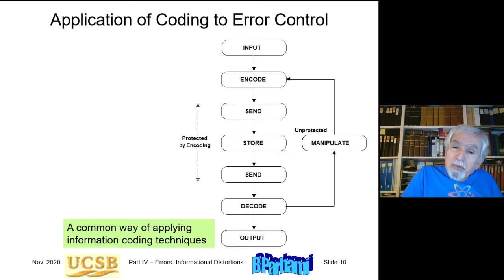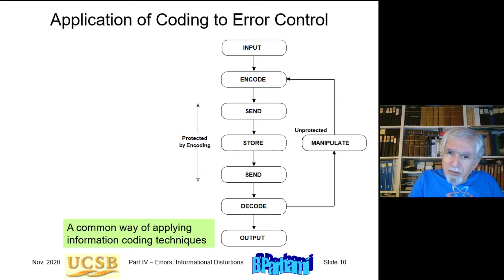Now, in computer application, we have this processing data manipulation step as well. So we have an input, say, coming from memory. We encode it. We send it. This send can be over a communication line or over the bus or whatever. And then we store this in memory.